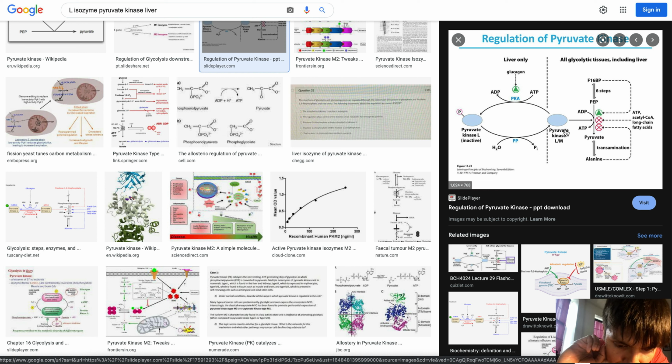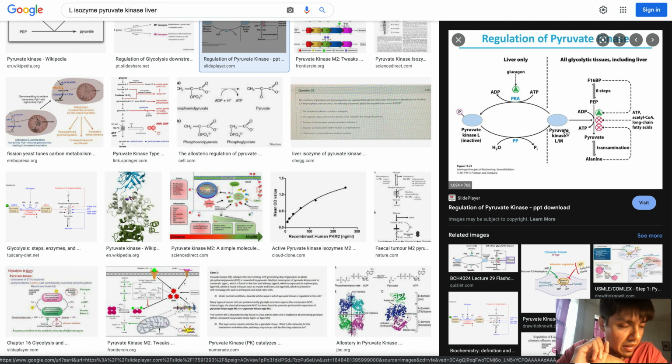Okay, and again in the liver, if your liver has enough ATP, then your liver is going to get a lot because it has a lot of glucose, right? And it has hexokinase too. Just because your liver has glucokinase doesn't mean it doesn't also have hexokinase. So it has both of those.